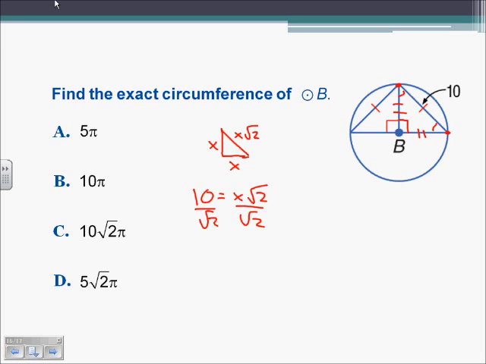So x is going to equal 10 over the square root of 2, but we rationalize that denominator by multiplying by the square root of 2 over 2. So x is going to equal 5 times the square root of 2. And that's just this one part right here. We've got 5 times the square root of 2.